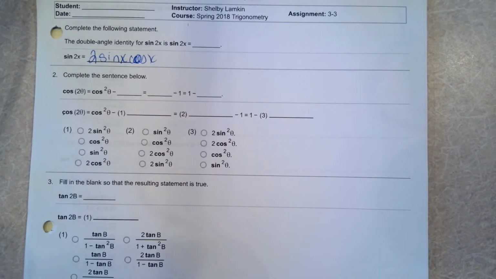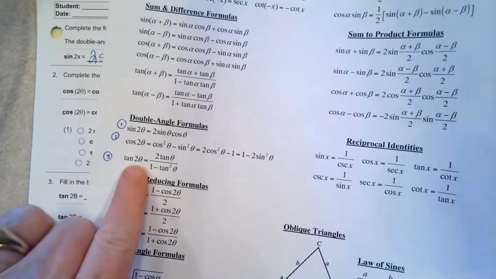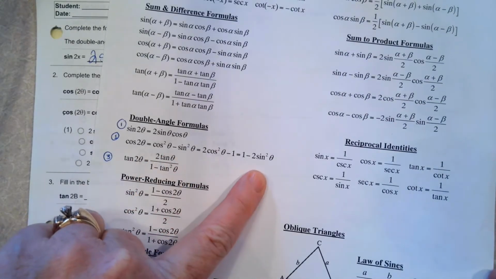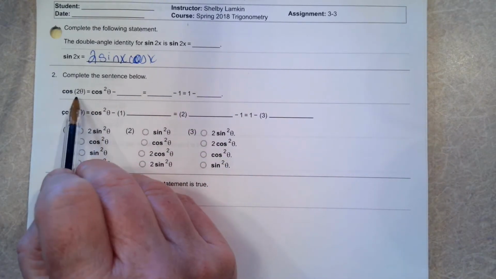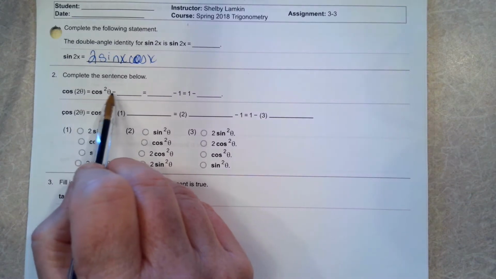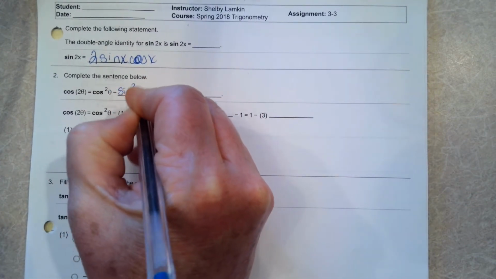Okay, number 2 says complete the sentence. The cosine of 2 theta. So here you go. They have 3 options here. I think they're going to want you to use all 3. The cosine of 2 theta starts off with cosine squared theta minus sine squared theta.